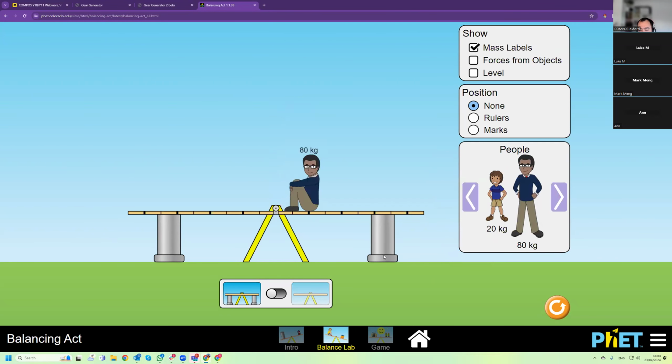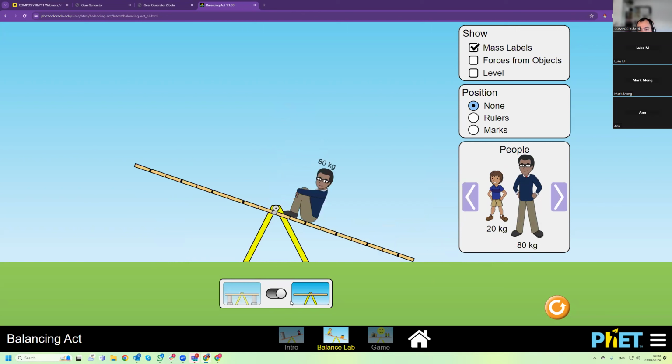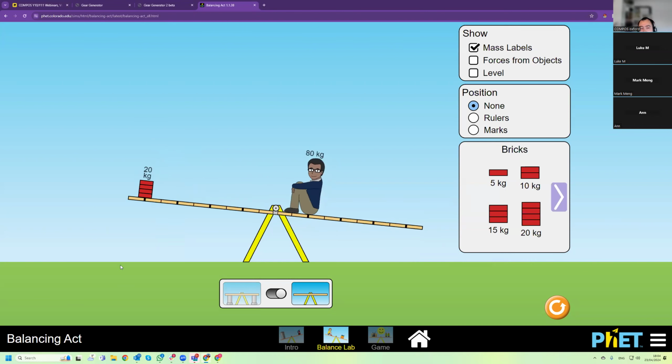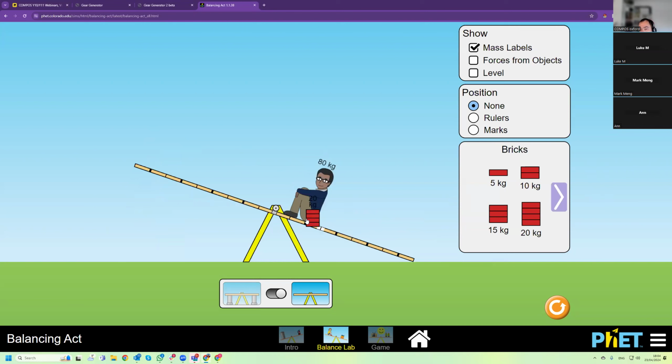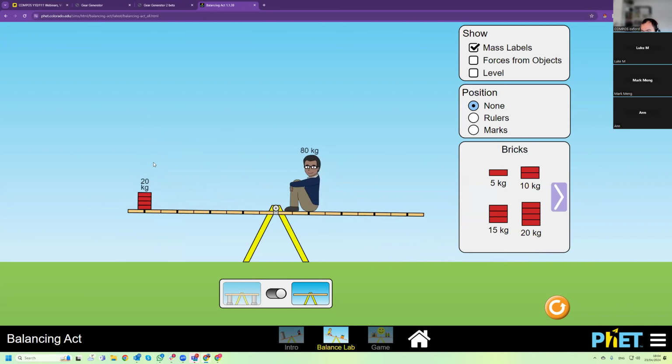You have an 80-kilogram human, and you can lift that human using probably a 10-kilogram mass. Nope. Okay, a 15-kilogram mass. Nope. A 20-kilogram. So basically, if you want to lift a human, you can use a much smaller force.